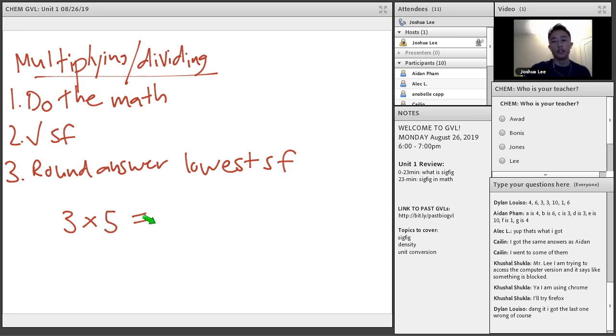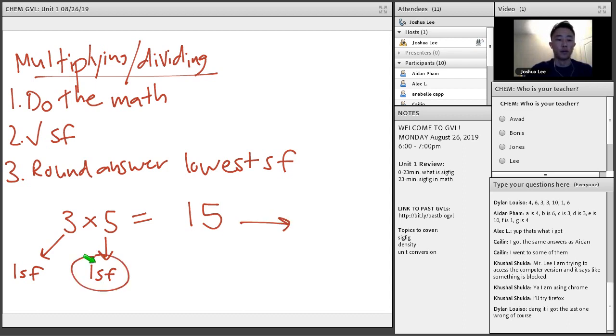So step 1 is just do the math. 3 times 5 is 15. Then we have to check our sig figs. This number 3 had 1 sig fig, and this 5 had 1 sig fig, so my actual answer needs 1 sig fig. That means I have to round.